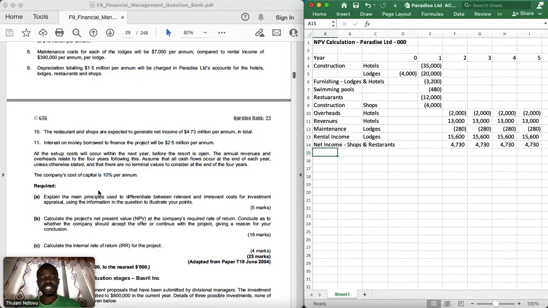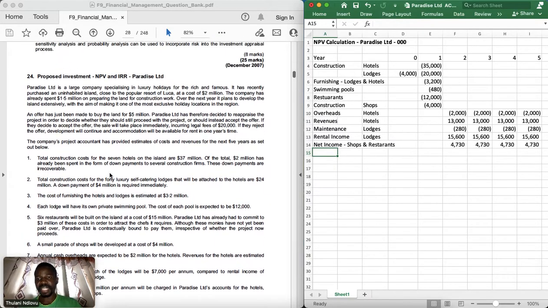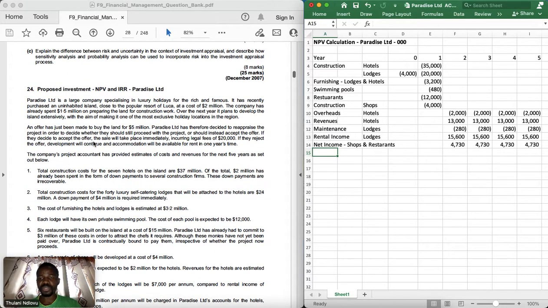So now let's finish off our question by taking care of the opportunity cost that we were given in paragraph 2. An offer has just been made to buy the land for 5 million. So when we are now developing this land, we will forego this 5 million, but not the whole 5 million. The 5 million net of the legal fees of 20.